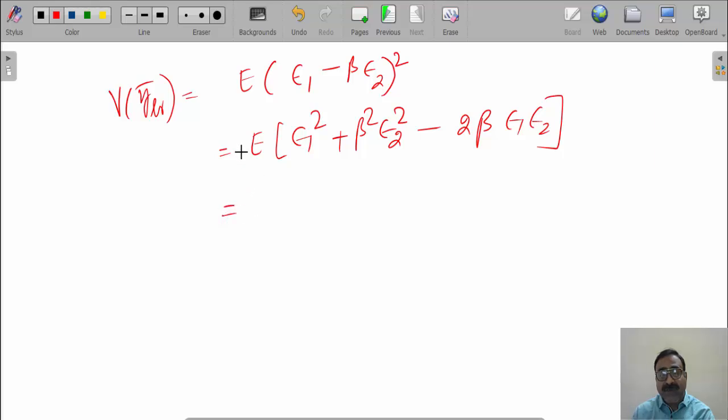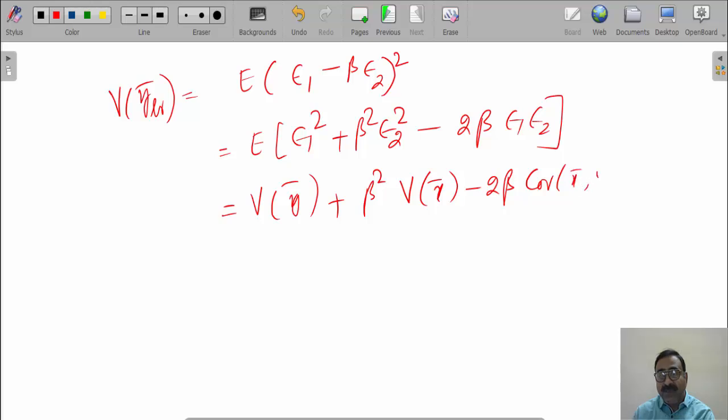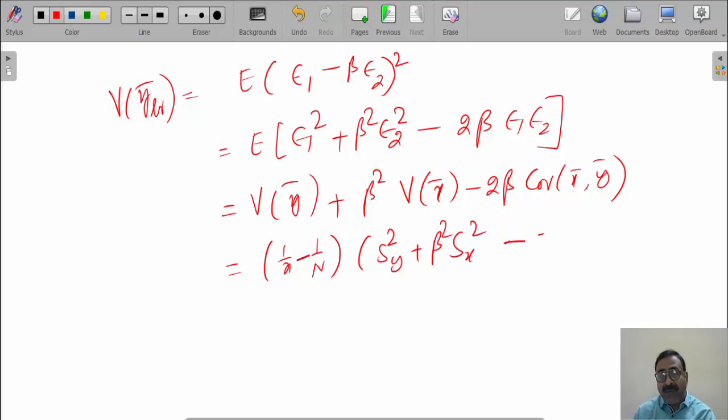So this is expectation of epsilon 1 square, that is variance of y bar, plus beta square, this is variance of x bar, minus 2 beta covariance of x bar y bar. So now this is equal to 1 by small n minus 1 by capital N, this is sy square plus beta square sx square minus 2 beta syx.